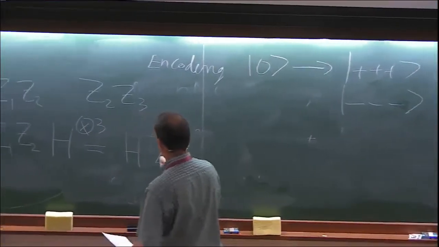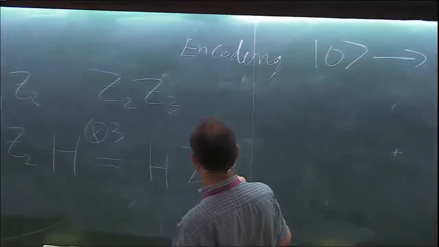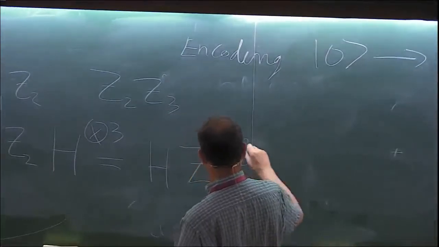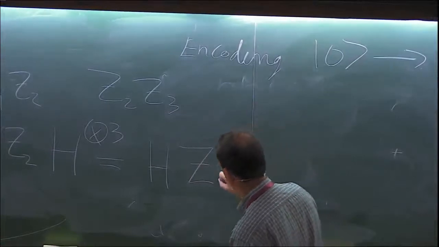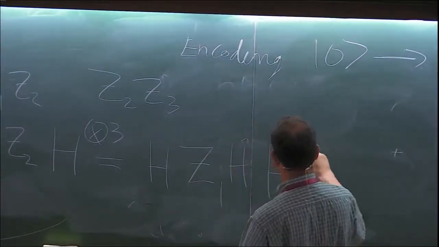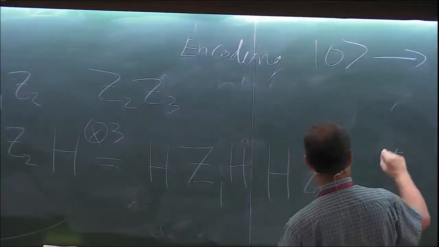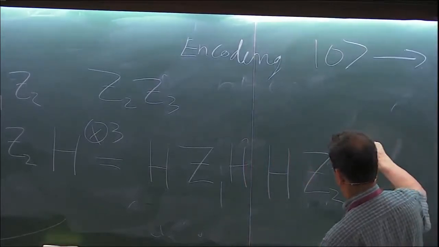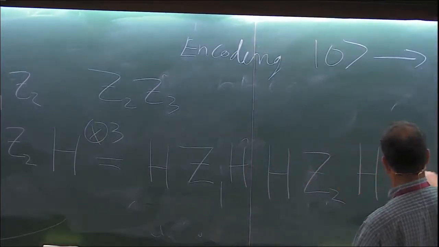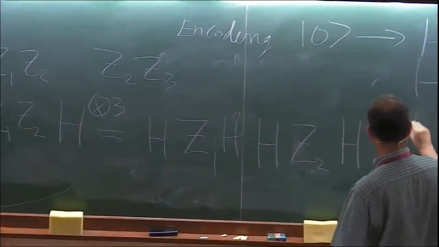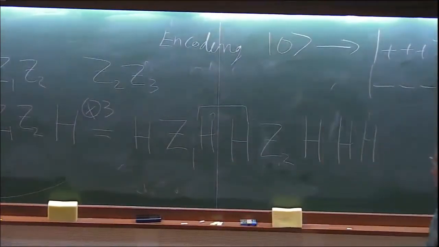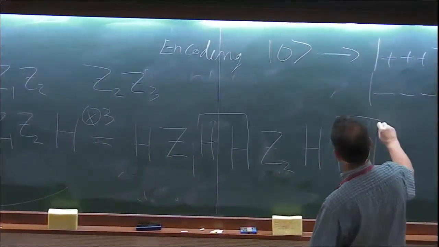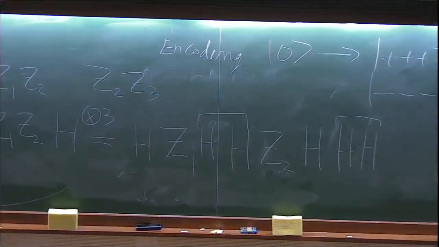So you recall that H squared is 1. So I've inserted an extra couple of Hadamards here because H squared is 1. And these H squared here are also equal to 1.